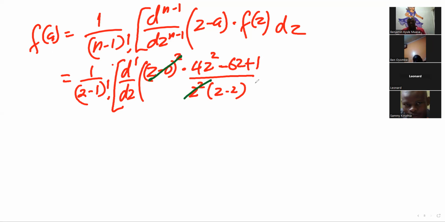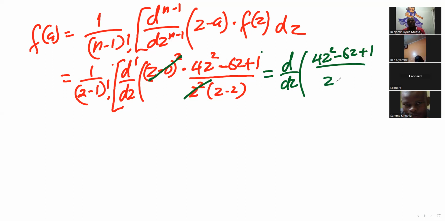Of course, 2 minus 1 factorial is just 1, so there's nothing there. So we have d over dz of 4z squared minus 6z plus 1 divided by z minus 2.